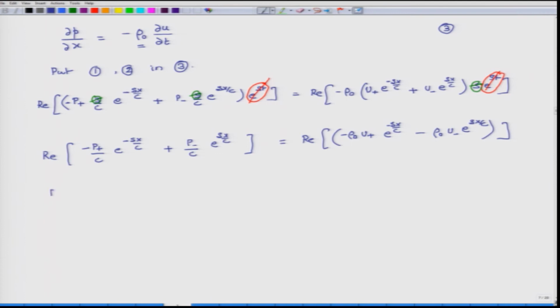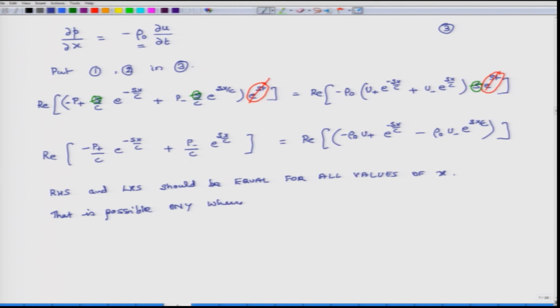So, RHS and LHS should be equal for all values of x, and that is possible only when individual terms are equal.